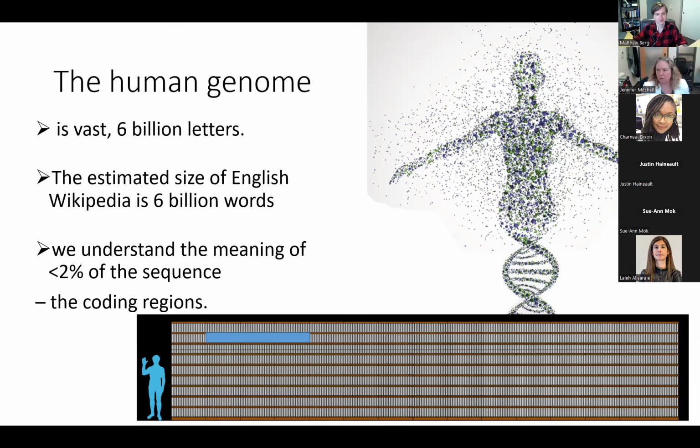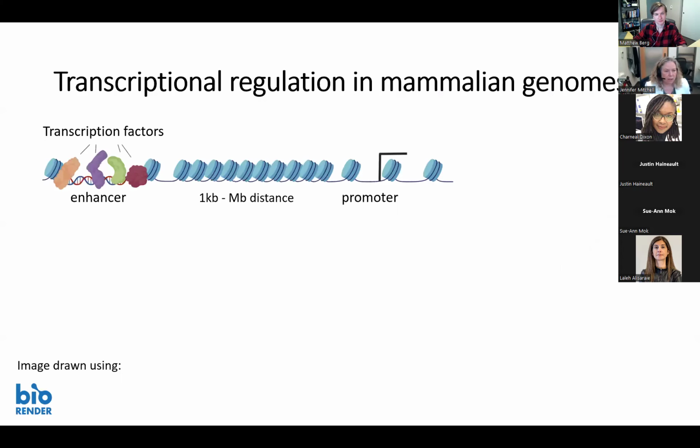Of course, genes are really important, but equally important in understanding disease and evolution and the functioning of our genome is understanding the regulatory sequences that control the expression of genes in particular time and place and in response to specific signals. And so in mammalian genomes, transcriptional regulation is very complex.